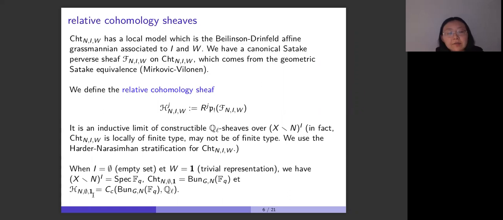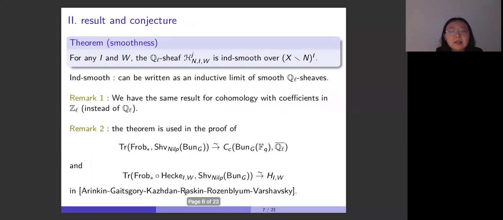And the cohomology in this case is just the functions with compact support on the F_q-points of Bun_G. So we refine our space of automorphic forms.